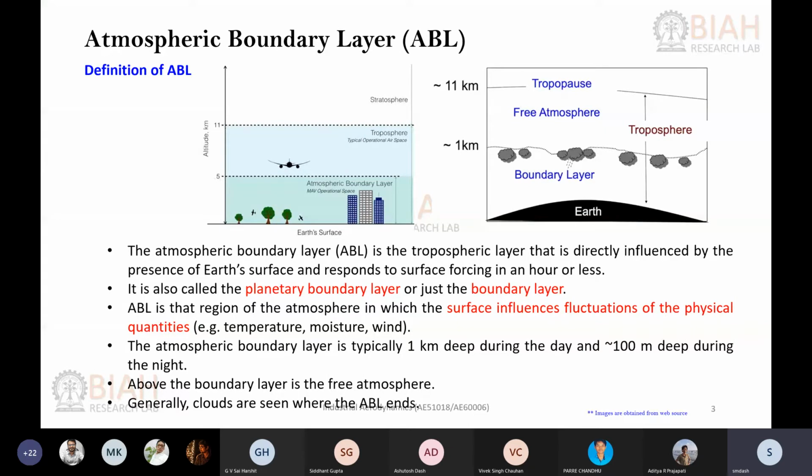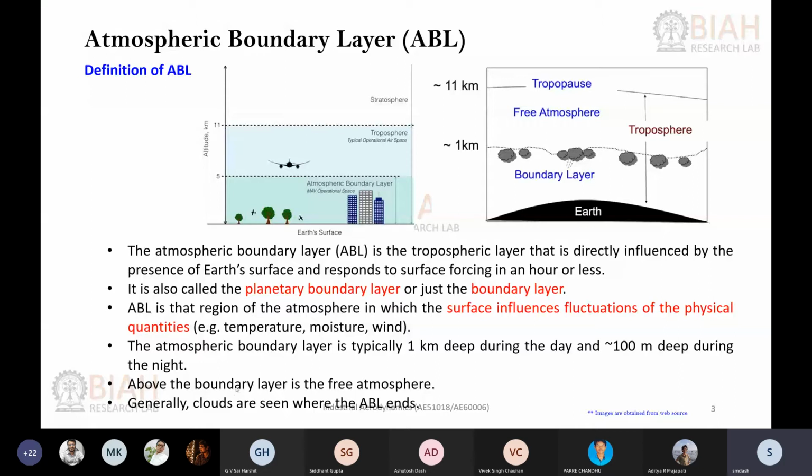But in a broader way, you can say that it varies on the order of 1 to 5 kilometers. During the night, the boundary layer can shrink to a few hundred meters, maybe 200 or 300 meters, because the atmosphere is more stabilized at night due to lesser solar heating. So in the daytime the boundary layer is larger, on the order of 1 to 5 kilometers, and at night it is around 100 meters.